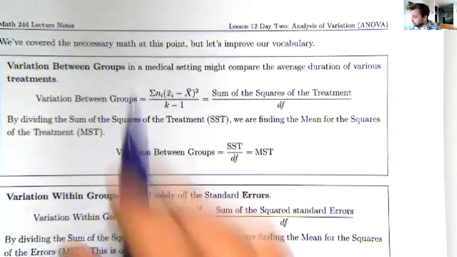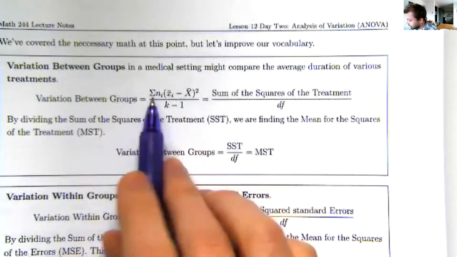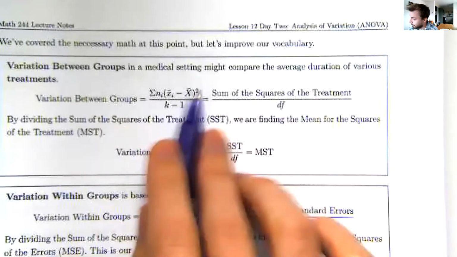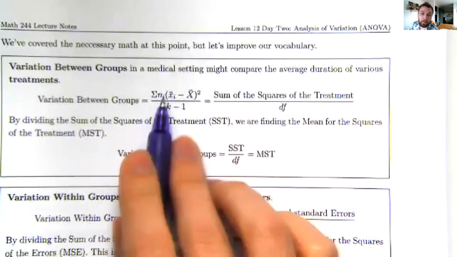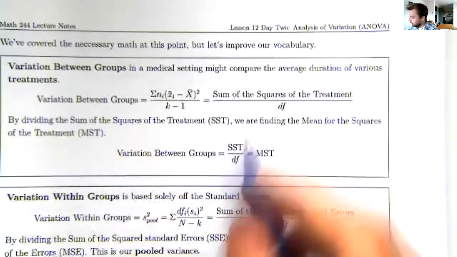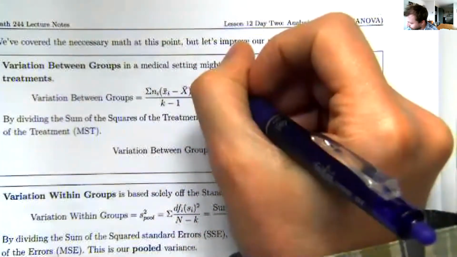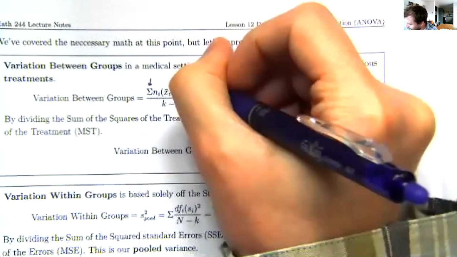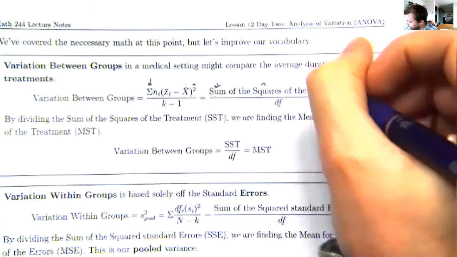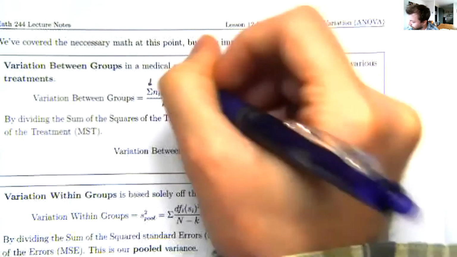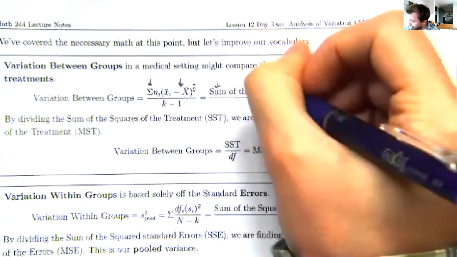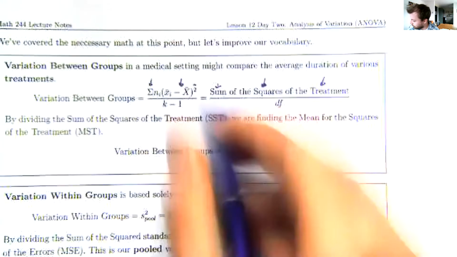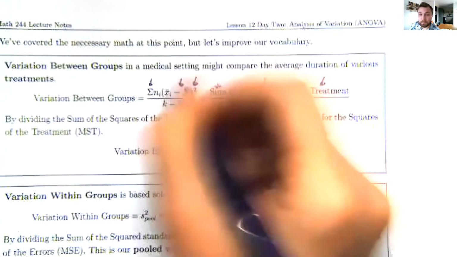Being more specific, when I look at this formula for the variance, I am adding all of these things that have been squared, where it compares the treatment. So I'm adding together a whole bunch of squared things of a whole bunch of treatments that are being compared. So I have the sum of the squares of the treatments.